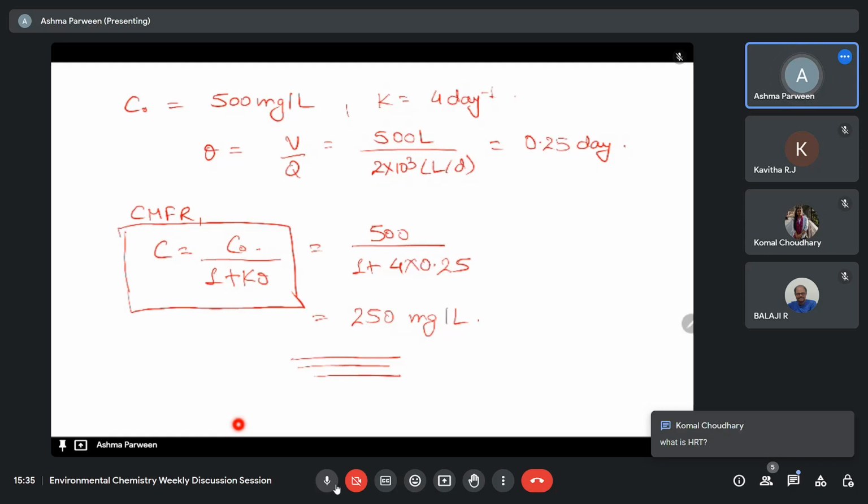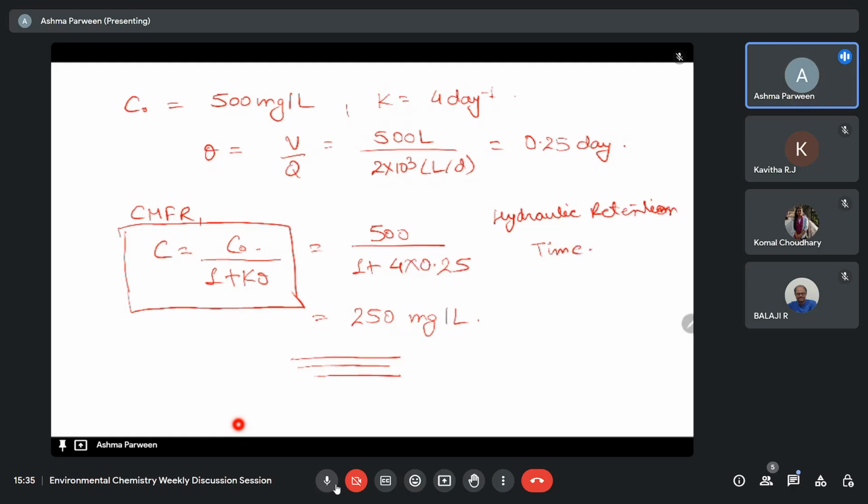Someone asked me what is HRT. HRT is hydraulic retention time, which is the time for which the water stays in the reactor.